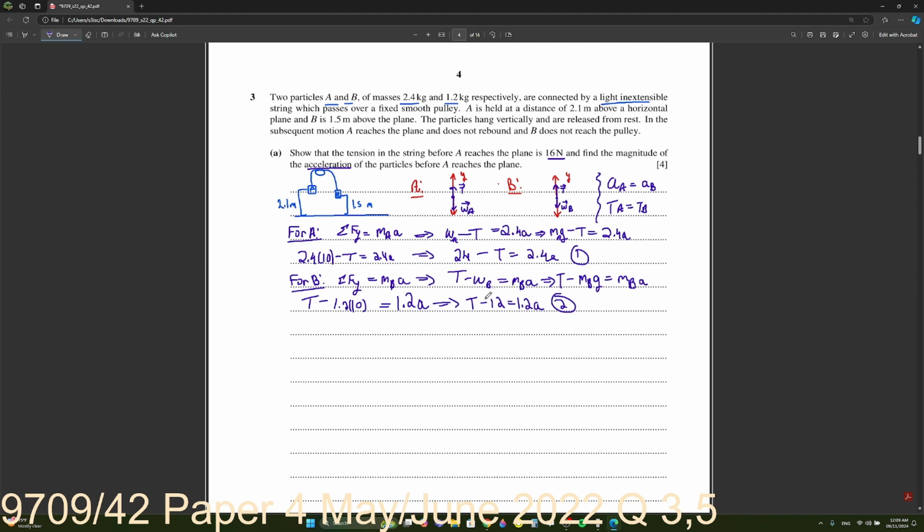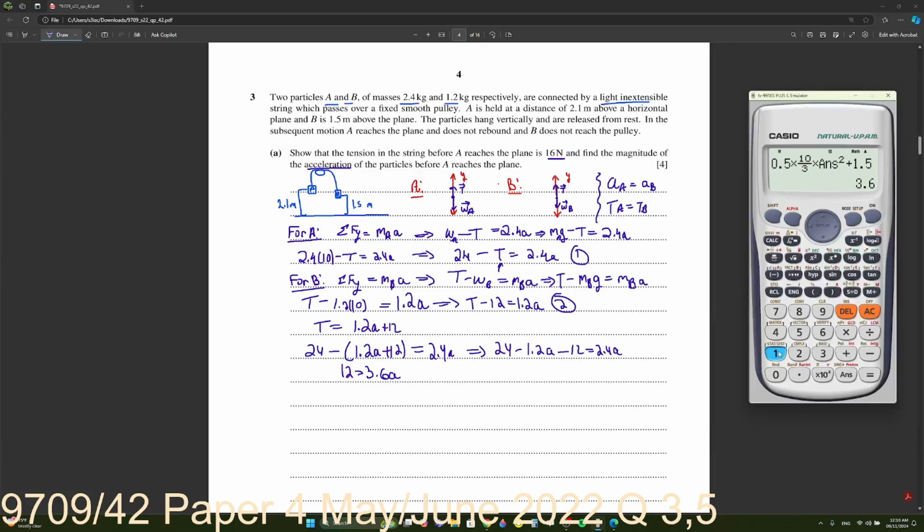Let's solve. I can find an expression for T. T is equal to 1.2a plus 12. So over here, instead of T, we substitute: 24 minus 1.2a minus 12 is equal to 2.4a. Solving this, you get 12 is equal to 3.6a.